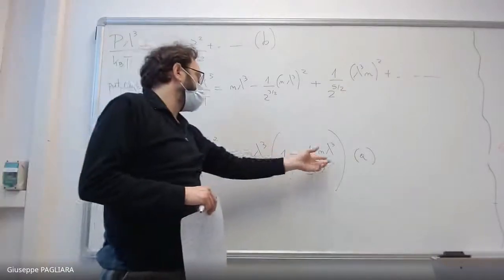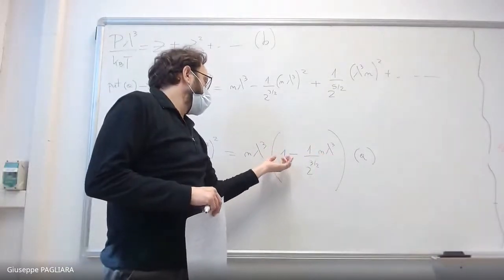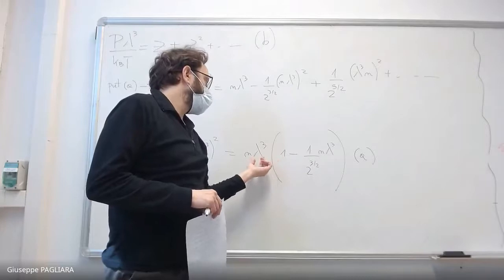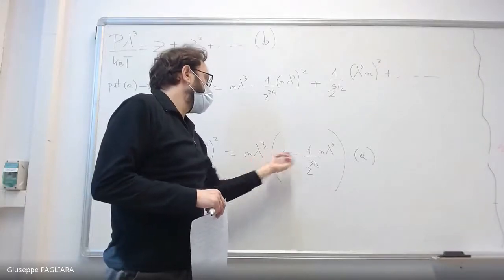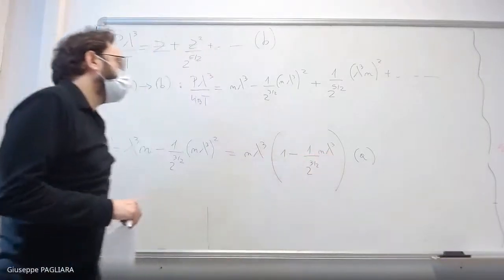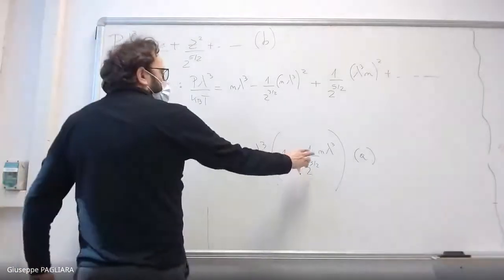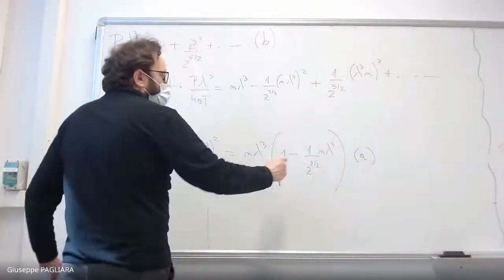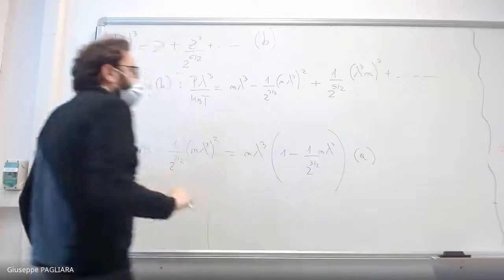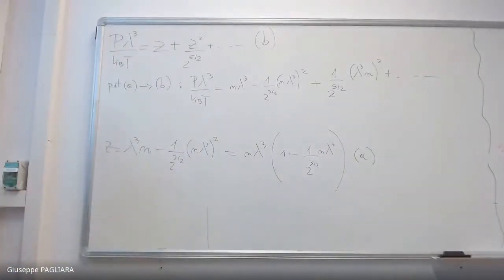And then there is an n lambda cubed to the power of 3, because you have to do this, the square of this guy: the square of the first, the square of the second, and the cross term. I should have another term like that.